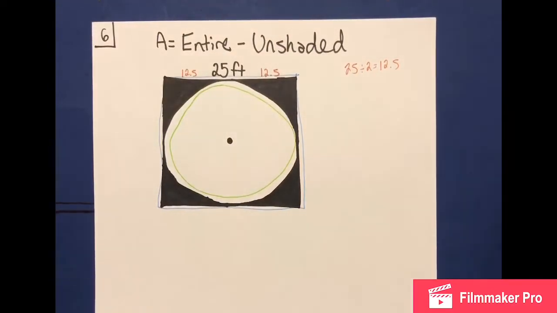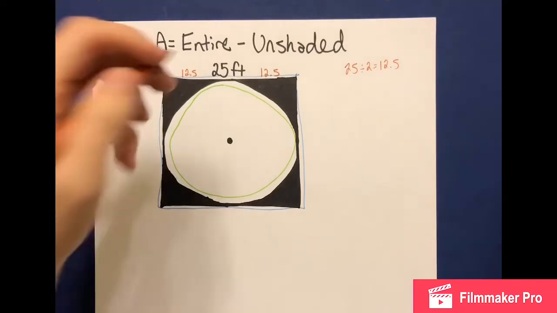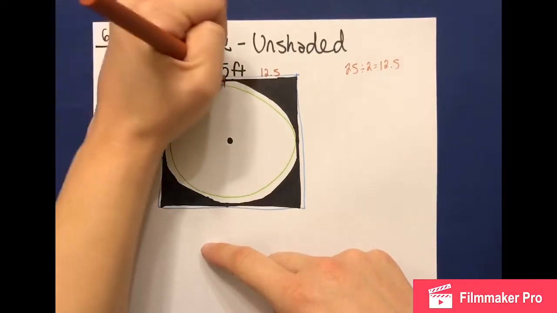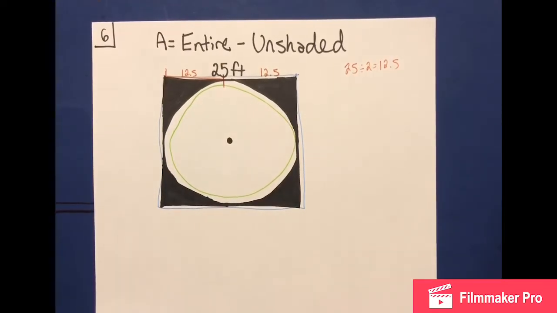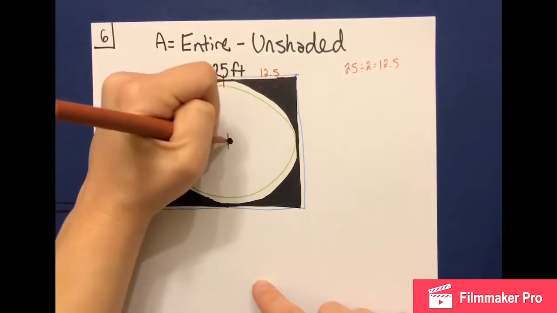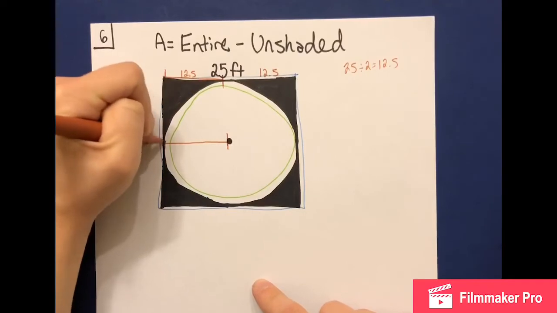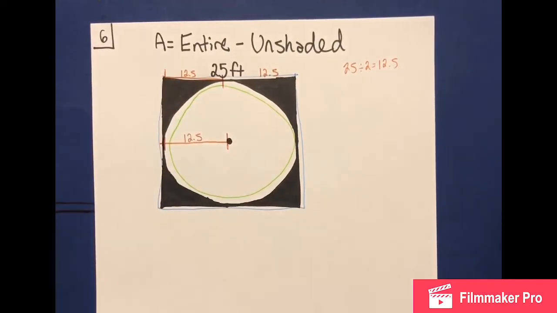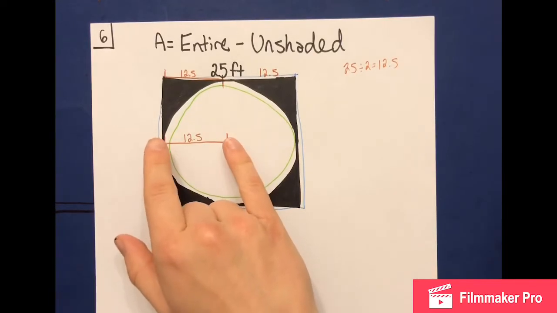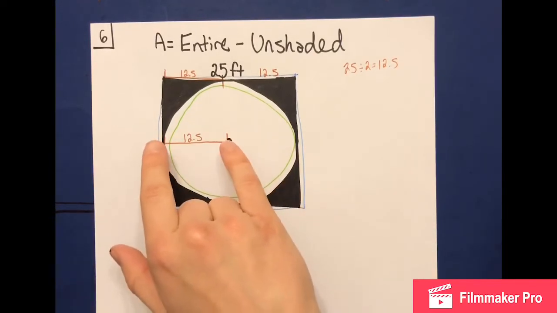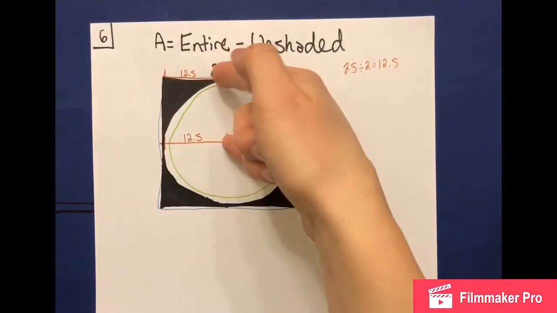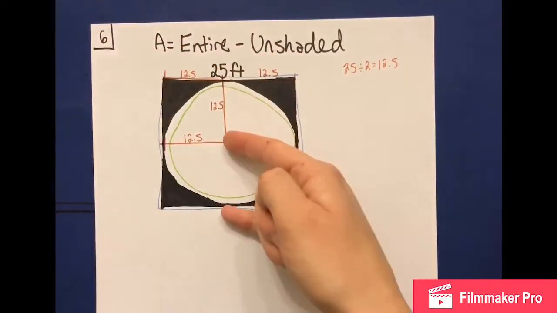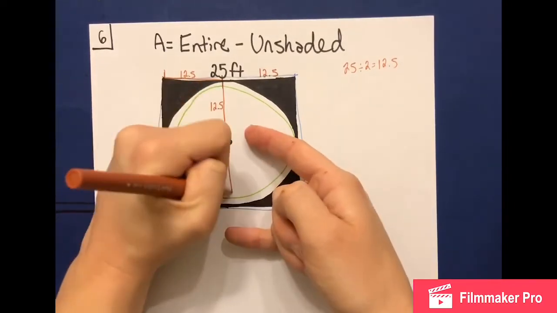Okay? So here's what happens. If I look, do you see how this length to this length is 12.5? That means this length to this length, the same length, should also be 12.5. Okay? That's my radius. So looking at that, if this was 12.5, this would also be 12.5. This would be 12.5, right? And so on.